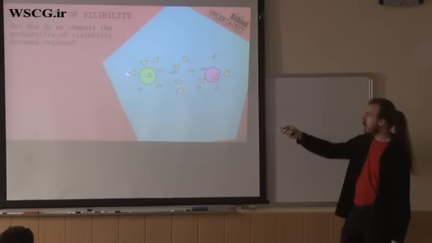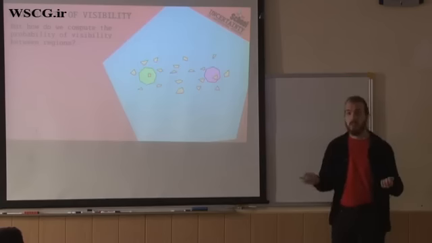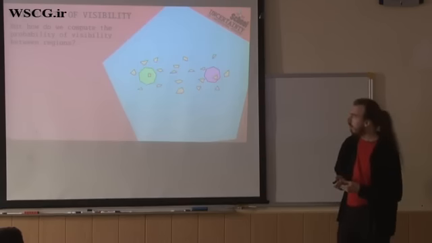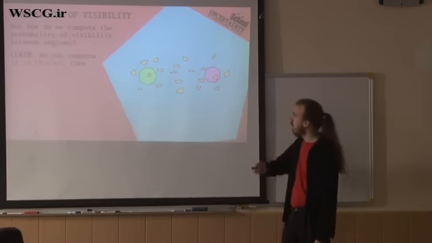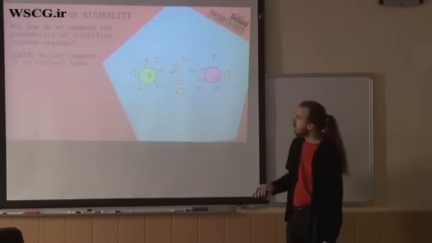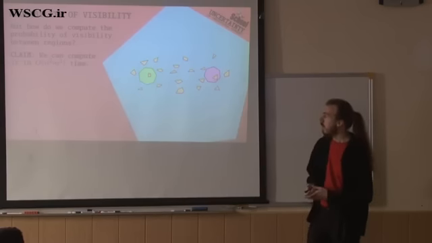Question, of course, is then how do we compute whether two such points can see each other? And for this, we have to do some complicated computational geometry. So we can do this in n squared times m squared time.